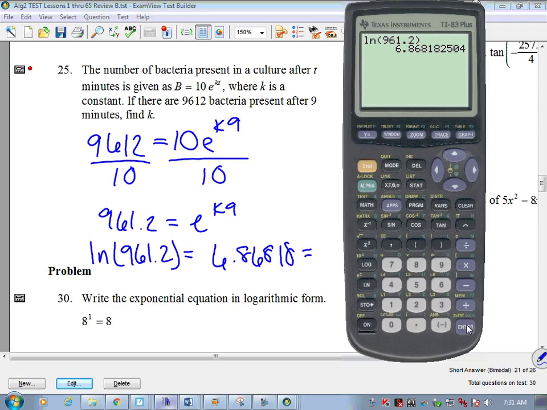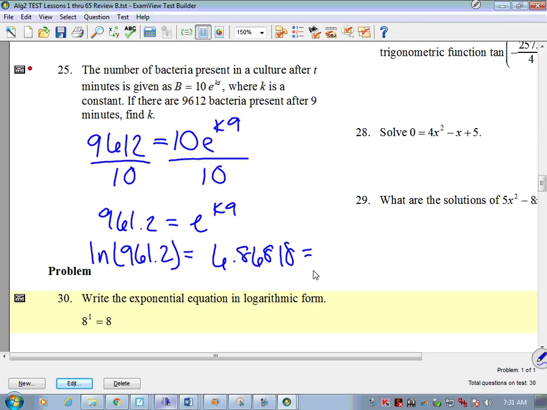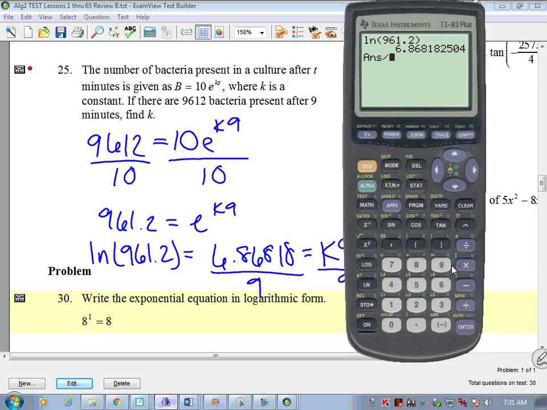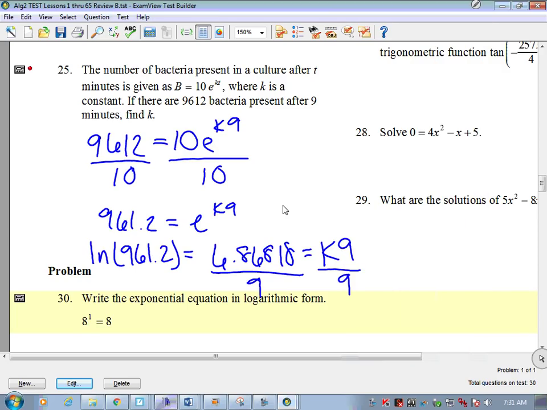Basically what that equals is k to the ninth. It gets rid of e. So k to the ninth at that point, we divide by 9. And if I'm not way off here, and I'm not, we should get 0.763.